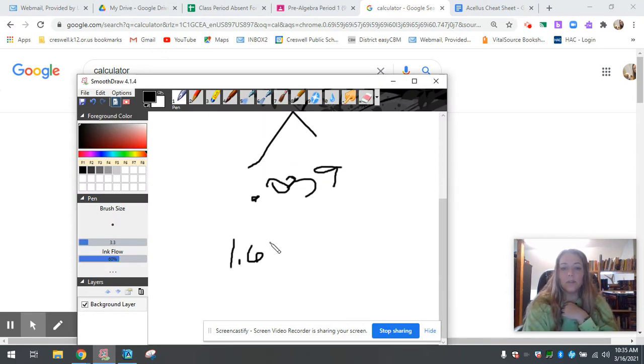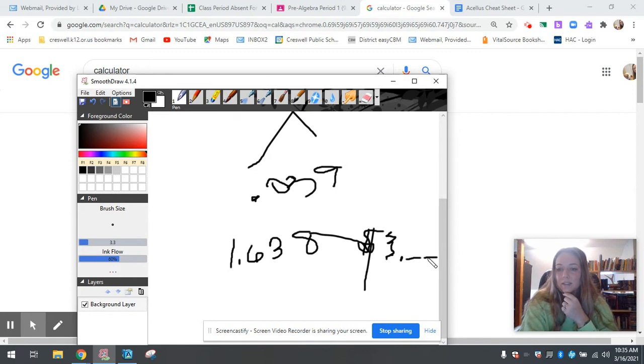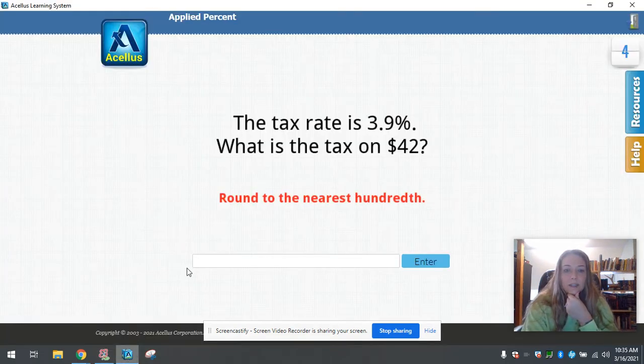Now we're dealing with money here, and when you have money, you have your dollar sign, whatever amount, your decimal, and you only have 2 places after that decimal because money is out of the hundredths. So we have an extra digit here that we don't want, and Acellus reminds us to round to the nearest hundredth.